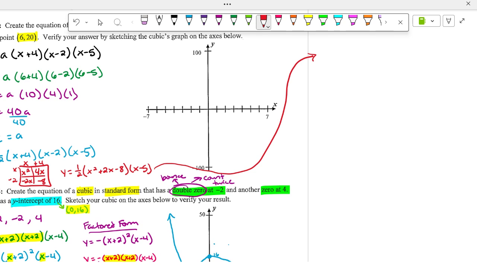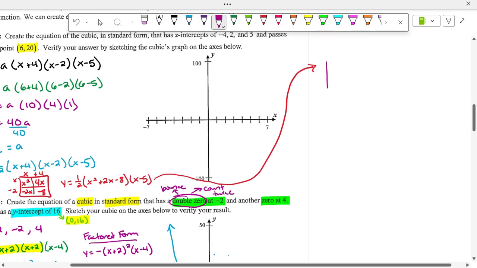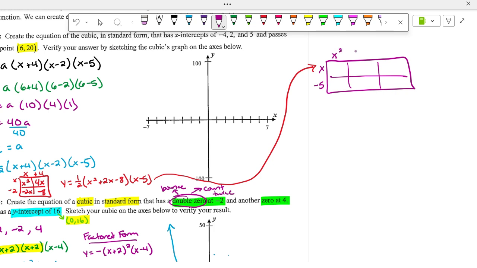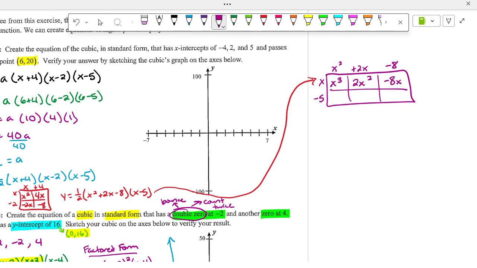So I did one box, so now I got to do another box. I'm going to do a 3 by 2. So x minus 5 is on the side, x squared plus 2x minus 8. Dylan, fill in the box. x cubed. 2x squared. Negative 8x.